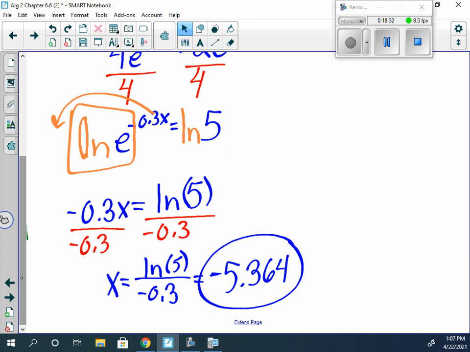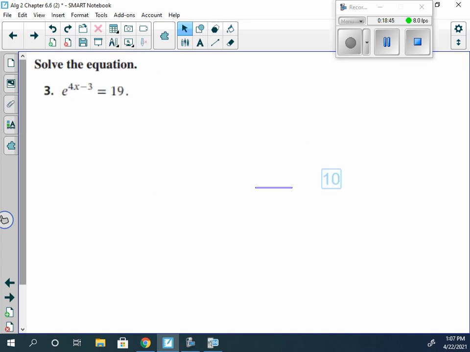Any questions on any of these here? We good with this one here? So we have 1, 2, 3 of these e's left. Do we want to look at number 3, or I think it's number 4, the next one after it?